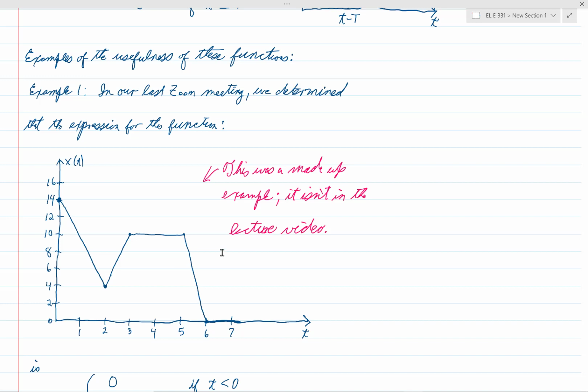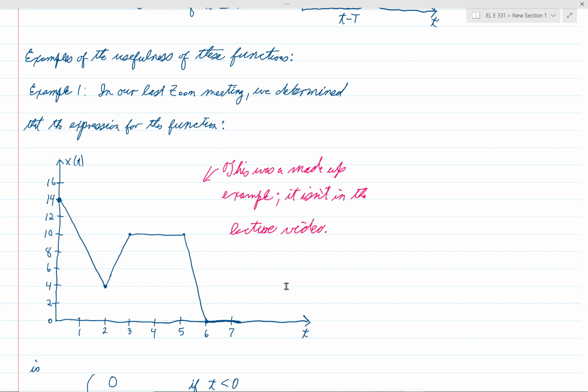Now keep in mind, again, this was something I made up on the fly during the meeting in response to a question. This graph is not in the lecture video. It is in the Zoom video, but it's not in the lecture video.